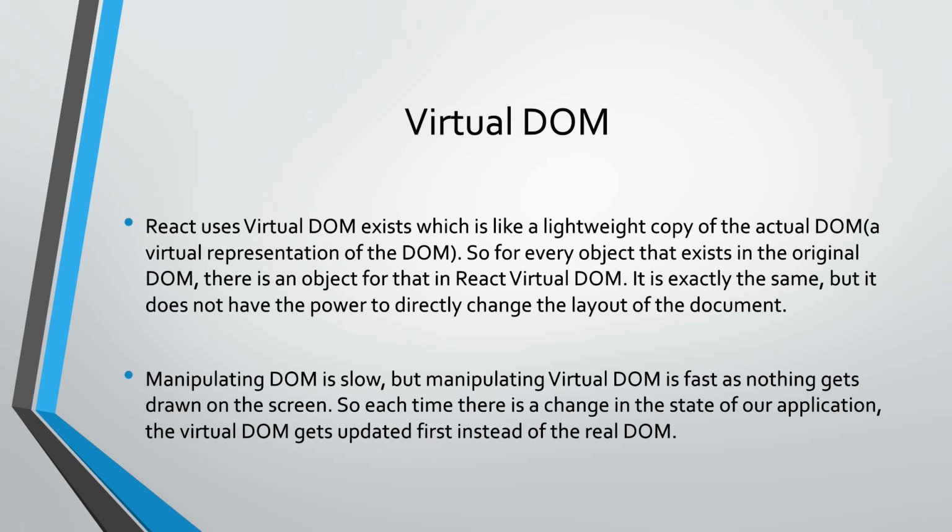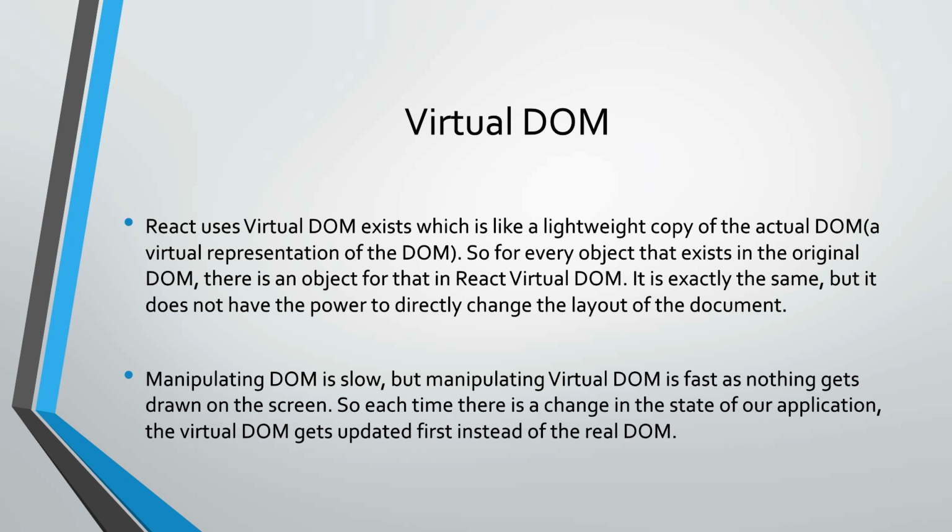For every object in the original DOM, there is an object in the React virtual DOM. It's exactly the same, but it doesn't have the power to directly change the layout of the document. The virtual DOM is just an object that represents the DOM.